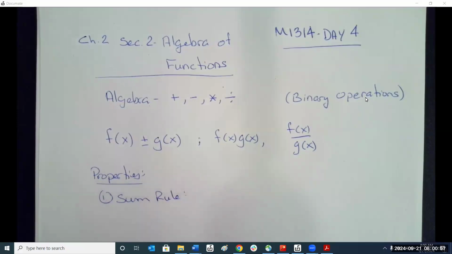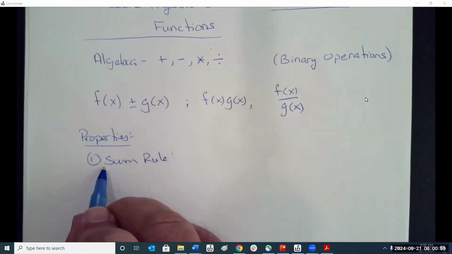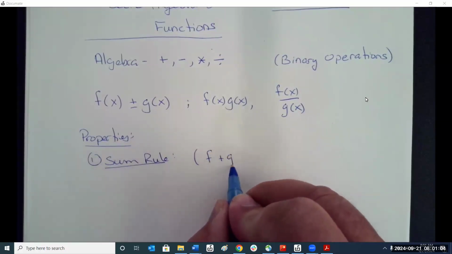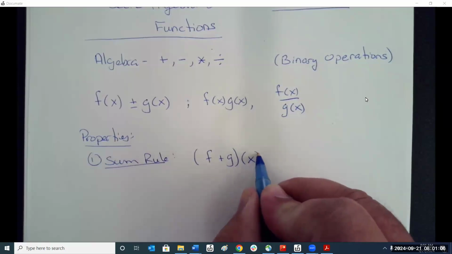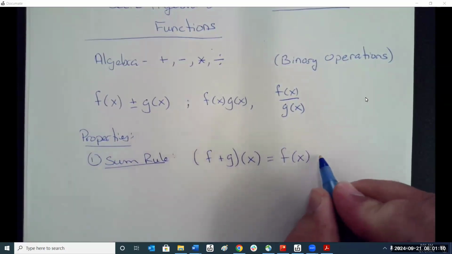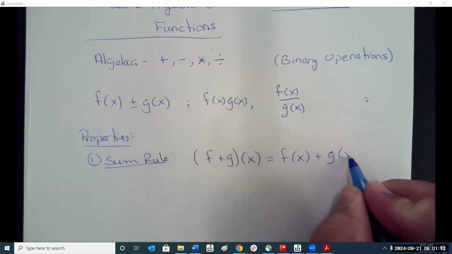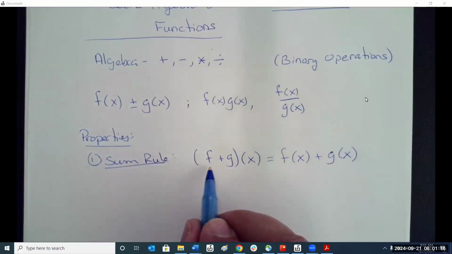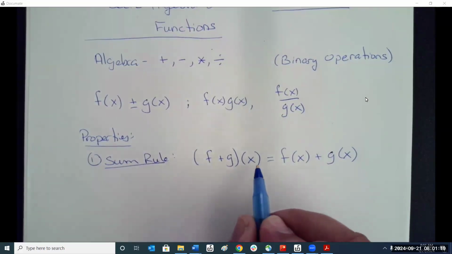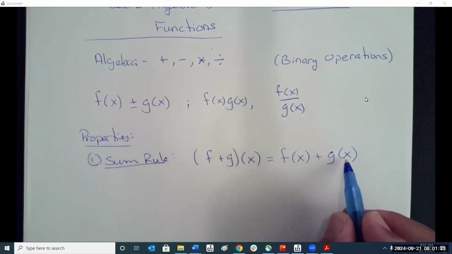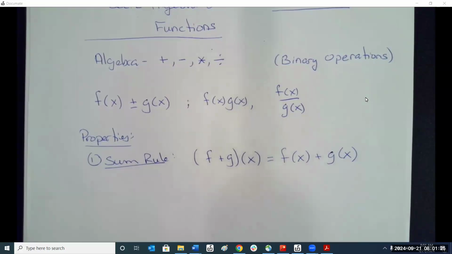The sum rule. What it says is this. If I have two functions and I add them together, I could do it one of two ways. I could either add the functions together first and then put my x value in there, or I could find the values of the functions at the x values, and then add those answers together.